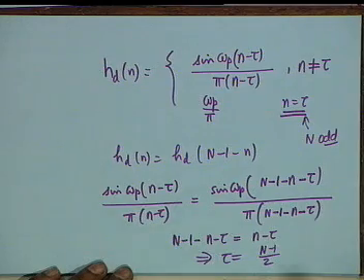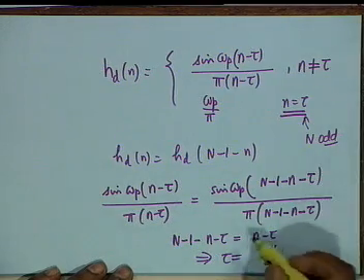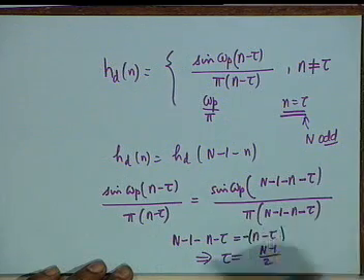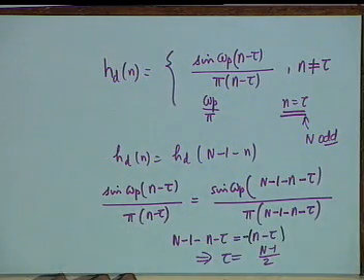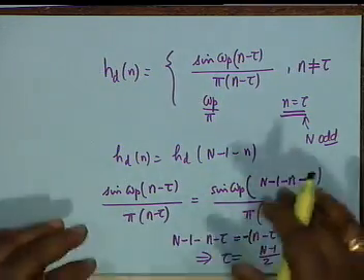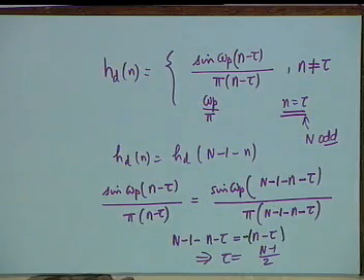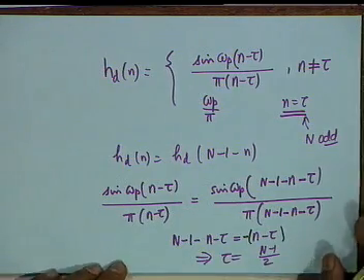I beg your pardon, I did not use a minus sign, yes, minus of this. So, it is a corroboration of what we have been talking about, that for linear phase tau should be equal to n minus 1 by 2.